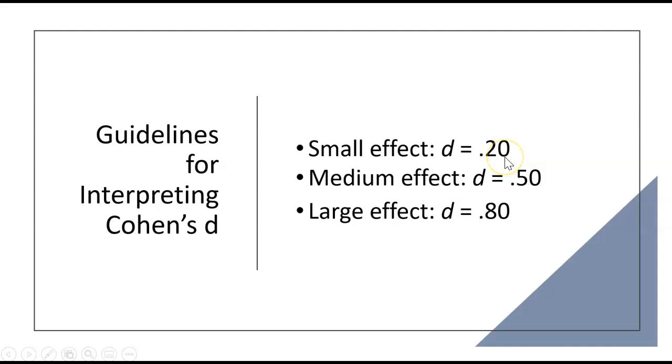The 0.2, that's a little looser. So if I get a D of 0.3, I still call it a small effect. If I get a D of 0.4, I still call it a small effect, because the guidelines are not precise. There's not an absolute cutoff, but there is an expectation. Some journals have really clear guidelines on what to report, and some areas of psychology have even more stringent requirements.